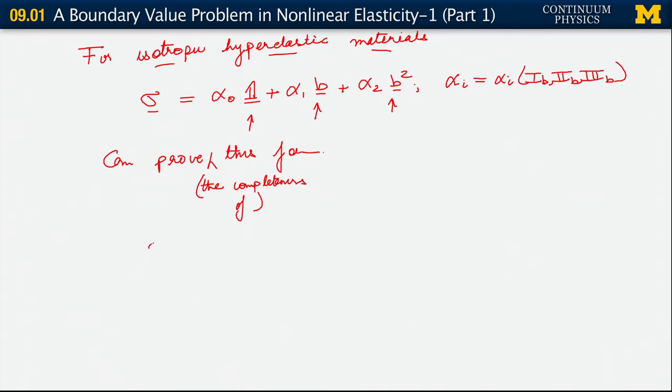They come from the fact that tau has this form, and the fact that psi is a hyperelastic strain energy function, that's also for an isotropic material.